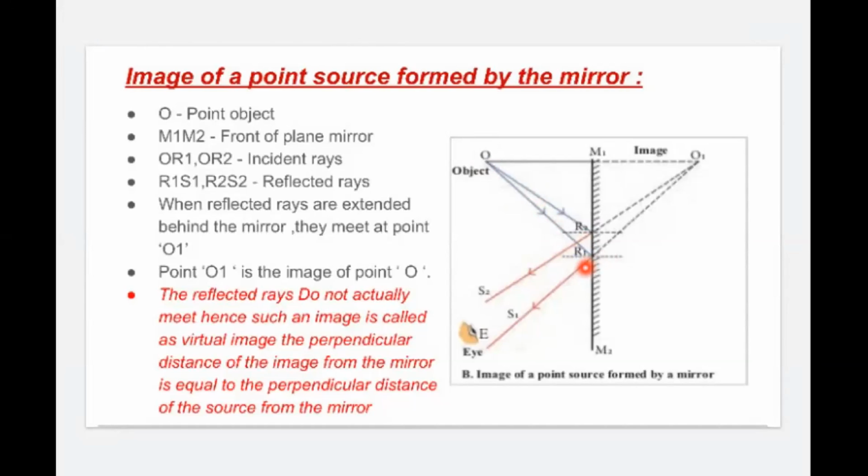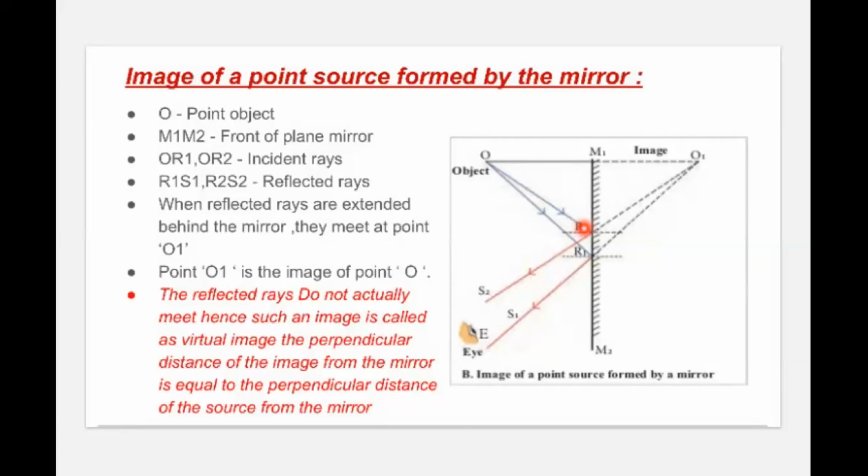This incident ray will be reflected as the ray R1, S1, which is being shown by a red color ray of light. Similarly, there is another ray of light OR2 being incident on the plane surface of this mirror M1, M2.